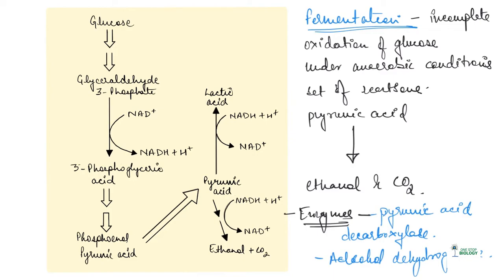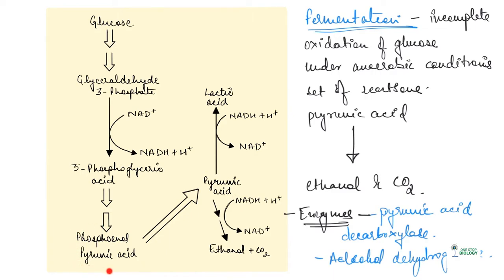Now here, if you see, the first component is glucose. Glucose is converted to glyceraldehyde 3-phosphate. Remember, glucose is first converted into glyceraldehyde 3-phosphate, and then it is converted into 3-phosphoglyceric acid. Here, one molecule of NADH is formed, and then again there are multiple steps, and the final product that we get is phosphoenol pyruvic acid, right?